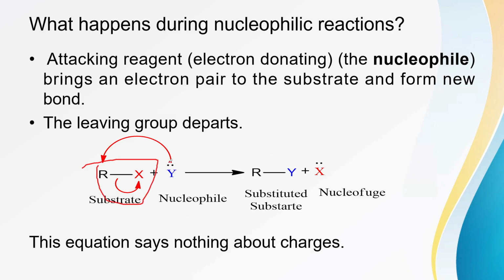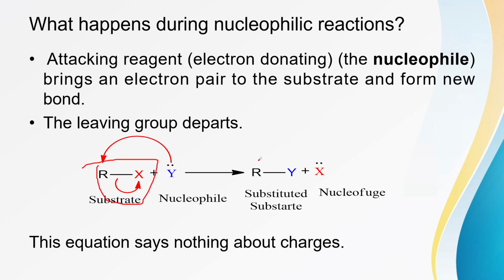So Y uses its lone pair of electrons to attack our reaction center and form a new bond with R. At the same time, the bond between R and X is broken and the electrons of this bond are shifted toward X. What actually happened? The attacking reagent Y has high electron density or electron-donating power, and we name it a nucleophile. The nucleophile attacks our substrate and forms a new bond.